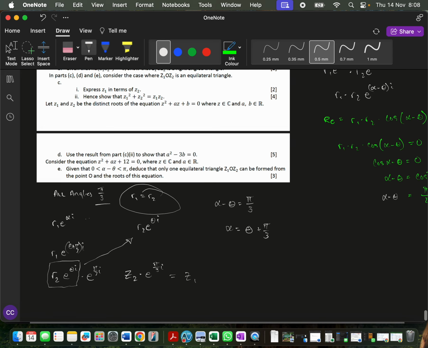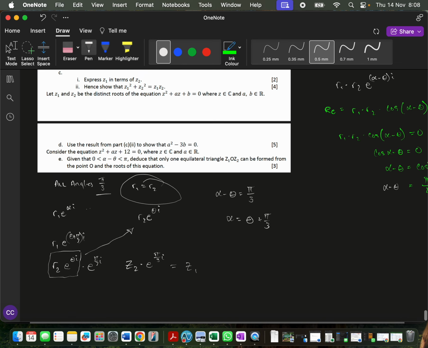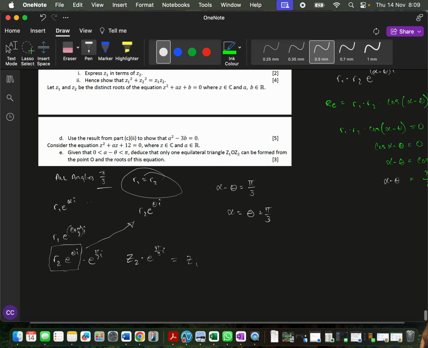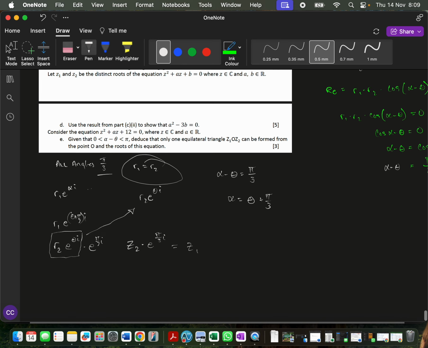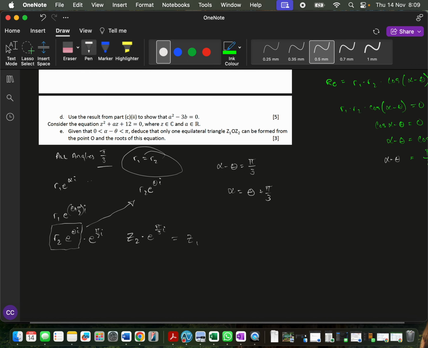Next, we have to show that z1 squared plus z2 squared is z1 times z2. All right, that seems entertaining.